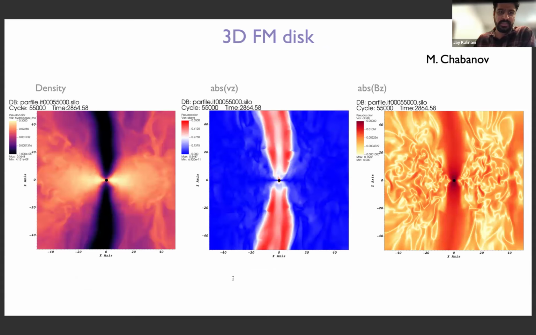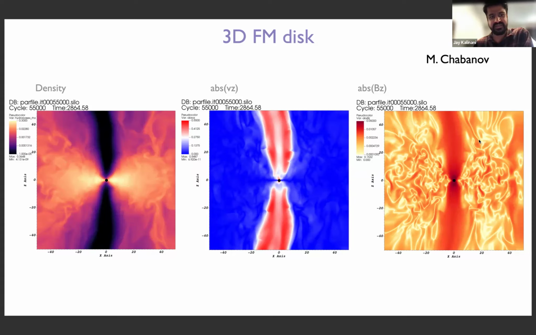So I think Mishi is still continuing to test this implementation, and he's also implemented code for a Fishbone-Moncrief accretion disk. And this is, for example, snapshots at about 3000 M of evolution. On the left is the density, in the middle is the absolute value of the radial velocity and the z component of the velocity, and on the right is the z component of the magnetic field.